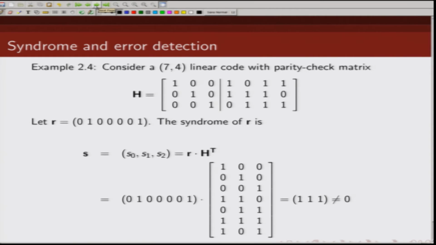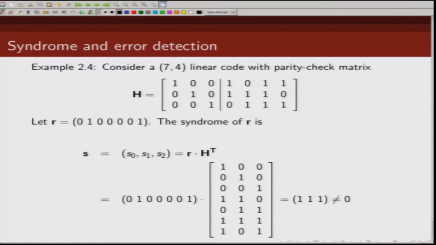So, I have an example here of a (7,4) linear block code whose parity check matrix is given by this. Now, let us say my received coded sequence is this, and I am interested in finding whether there is any error in it. So, how do I do that? First, I will compute the syndrome. What is the syndrome of R? The syndrome is R H transpose.